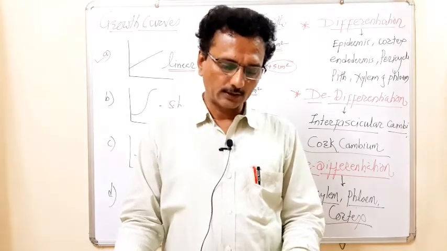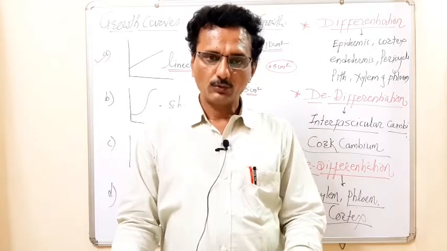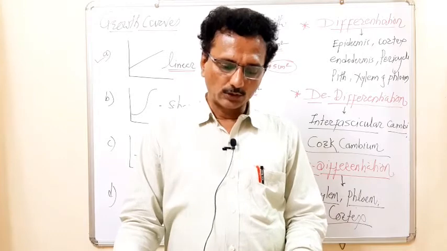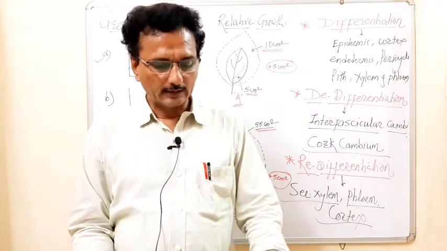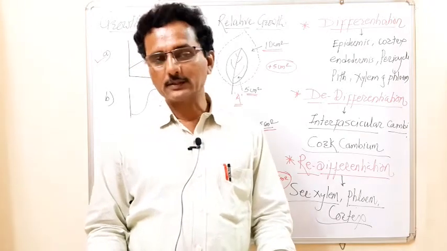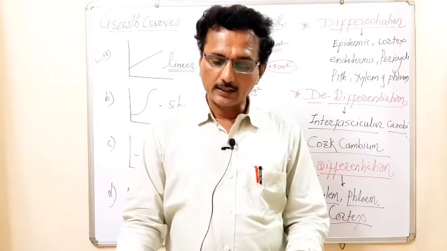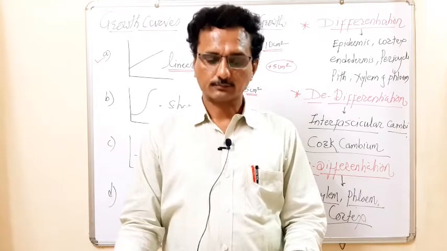Then see the third option: absolute growth for leaf A is 5 centimeter square, relative growth for leaf A is 100%, absolute growth for leaf B is 50 centimeter square, and relative growth rate for leaf B is 10%.